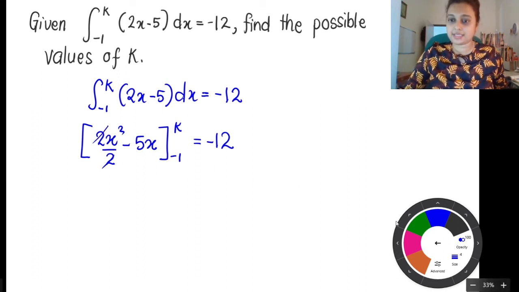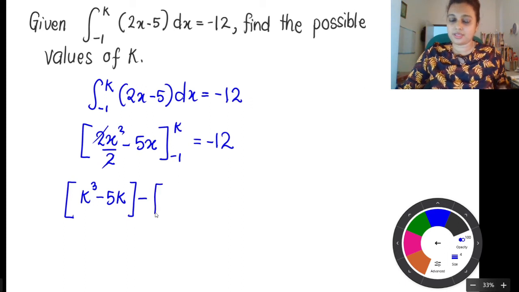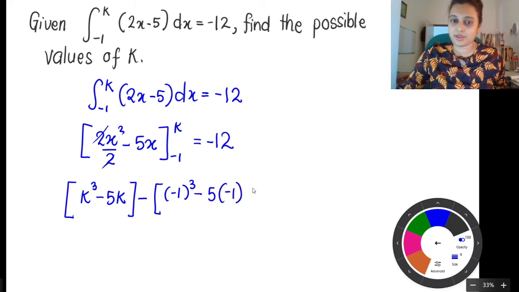So 2 cut, and what's going to happen now is we are going to substitute the values. So k power of 3 minus 5k. Then we minus with -1 power of 3 minus 5 times -1.